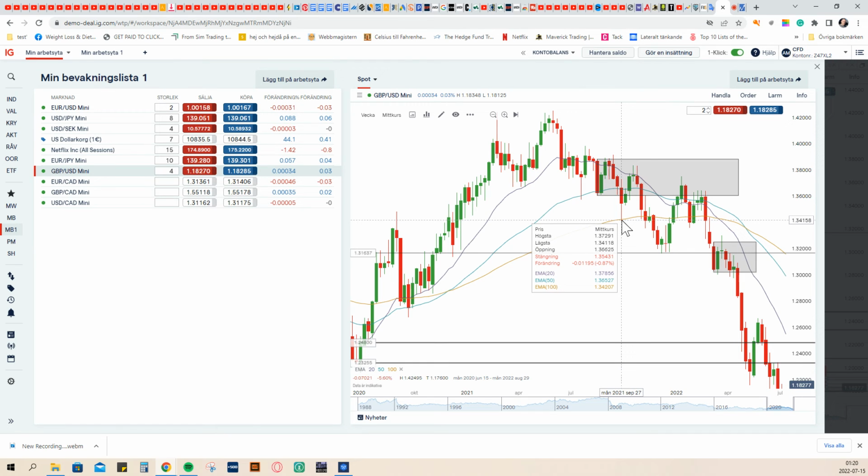Several weeks of profit to the 100 EMA. And as I told you, when the price goes further on the downside here, the pullback on the upper side will not be that strong, because this high is lower than this one, right?